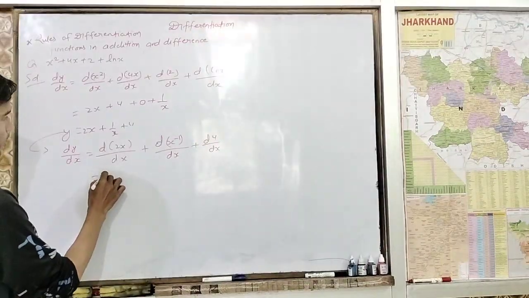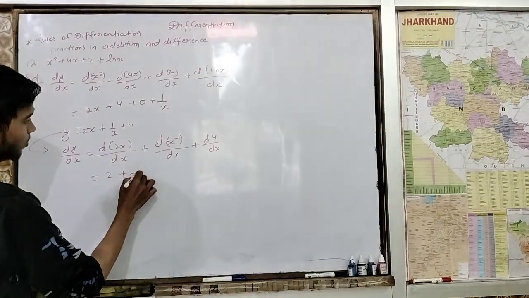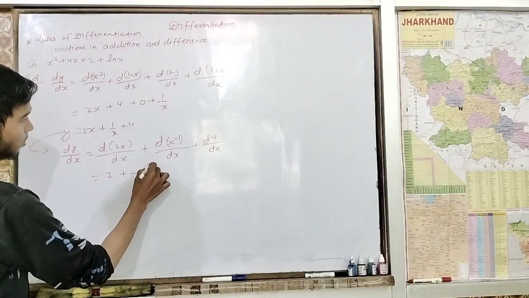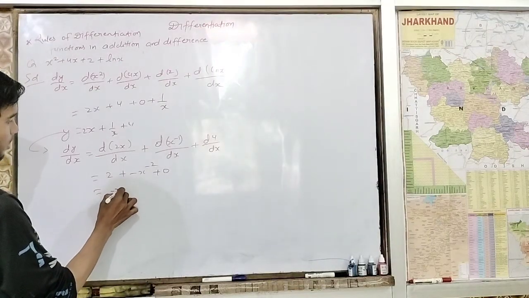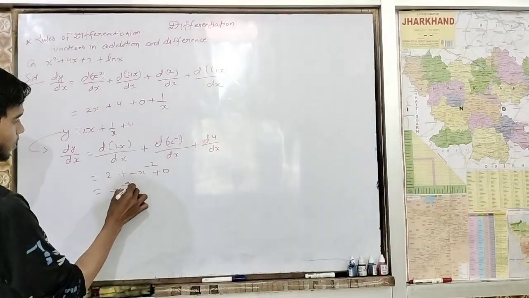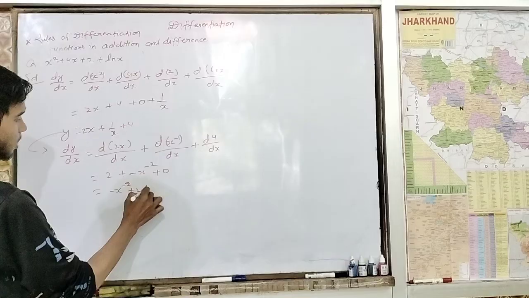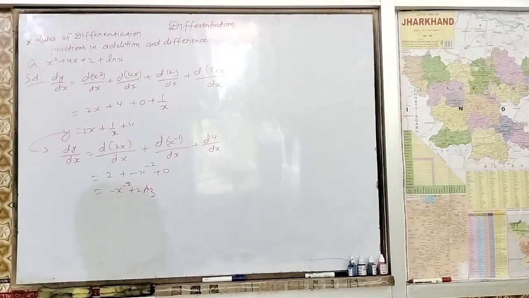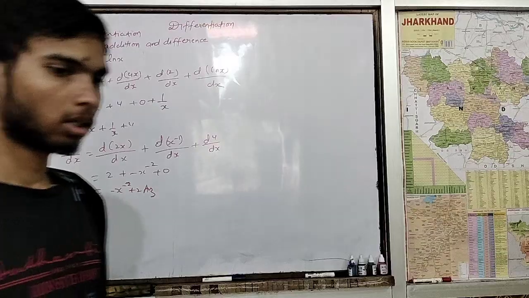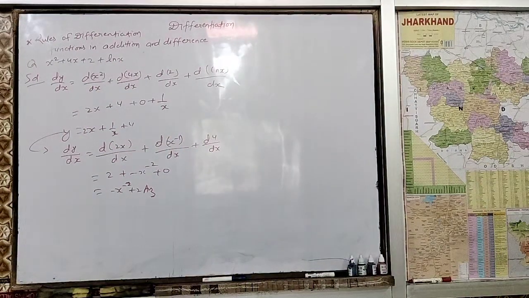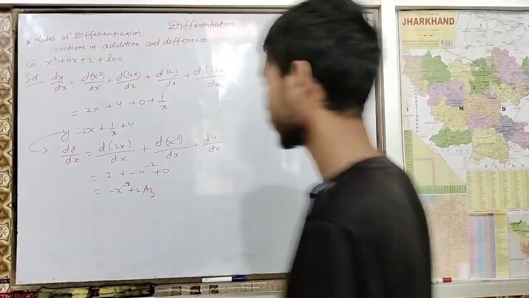Here it is giving you 2 and minus 1 times x raised to power minus 2, plus 0. So minus x raised to power minus 2 plus 2. This is your differentiation of this. Okay, let me write the next question.